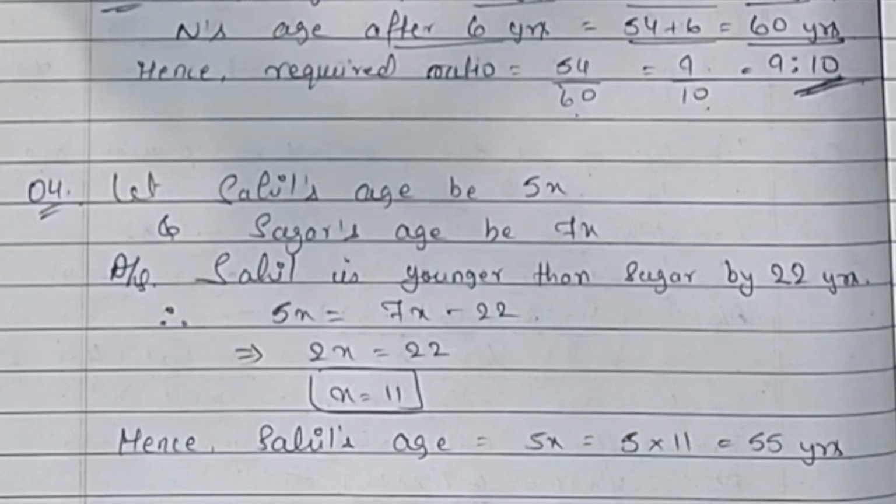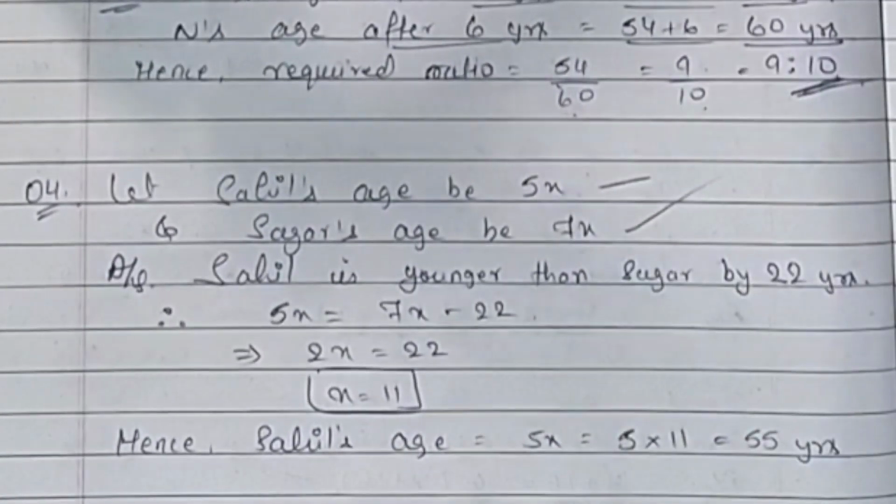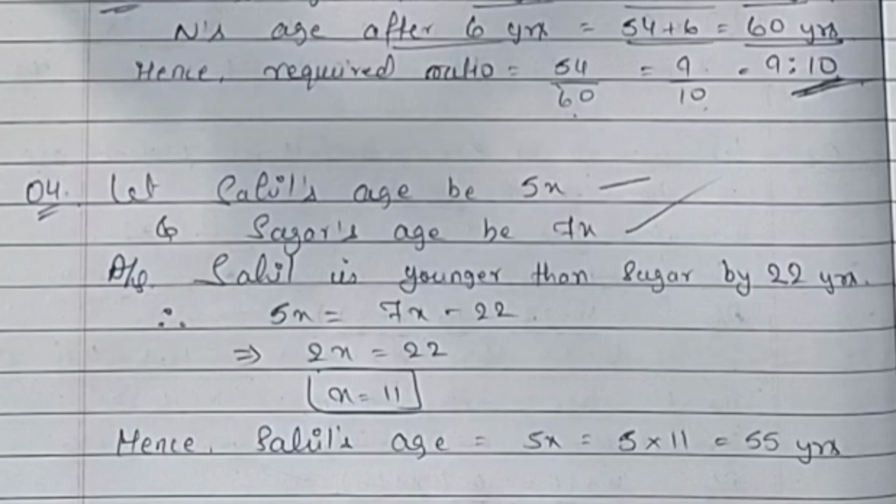According to the ratio given in the question, we have assumed Sahil's age to be 5x and Sagar's age to be 7x. In the first statement, the condition says that Sahil is younger than Sagar by 22 years.